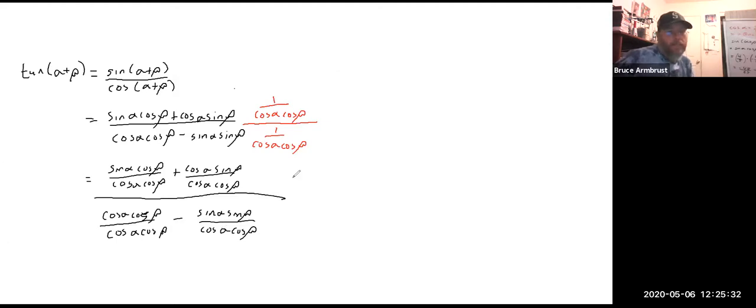All right, so just an algebra step that seemingly came from nowhere. But watch what happens. So in this first bit, I've got cosine beta over cosine beta. Those are going to cancel. The second one, I've got cosine alpha on top and bottom. The first fraction in the denominator, everything cancels.